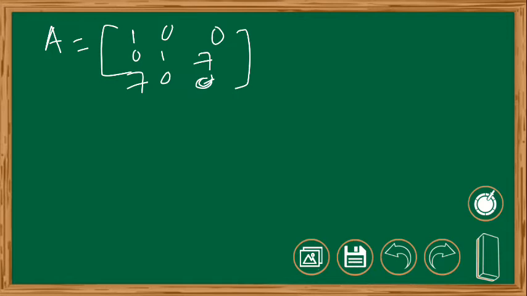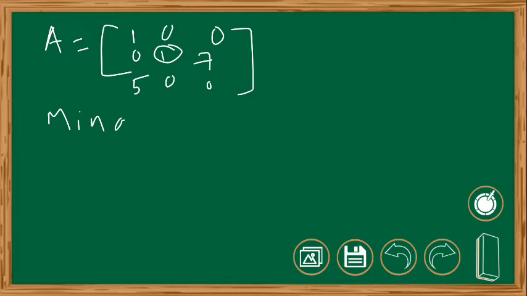Now I have asked you to find the minor of this element. So the minor of 1. There are two ones, so you have to take the one I have encircled, and let us find the cofactor of 1.